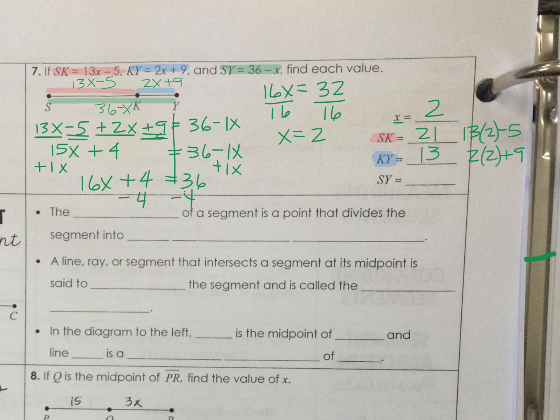And now SY. That's the green section. SY is 36 minus x. Well, we know x is 2. 36 minus 2 is 34. Solved all our problems. Woohoo!